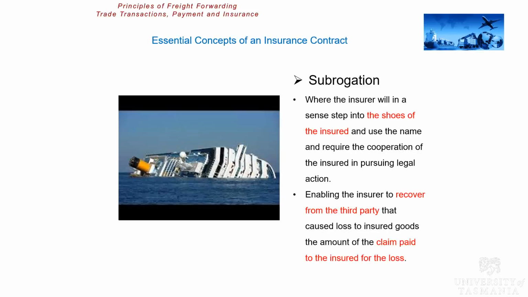So, if there's a third party that has caused a loss to the insured goods, the amount of claim paid to the insured for the loss can be recovered by the insurer.